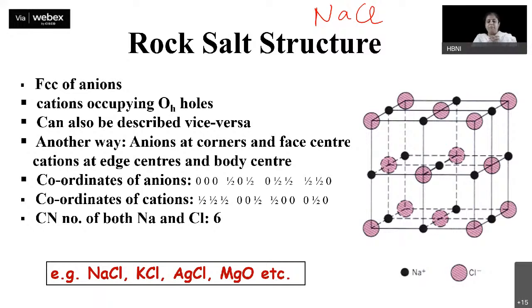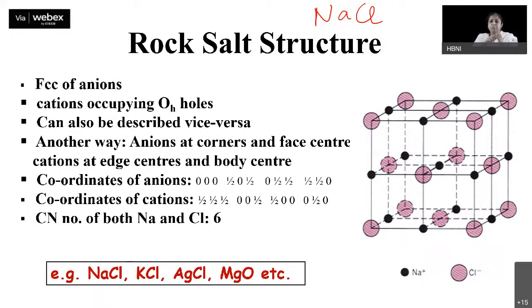So, coming to the rock salt structure, we say that it is FCC of anions, or cubic close packing of chloride ions, wherein the sodium ions occupy the octahedral holes. Now, this was in terms of close packing.